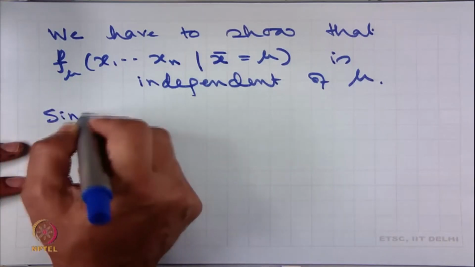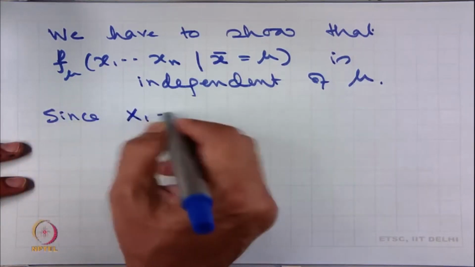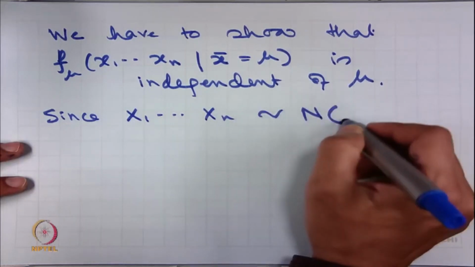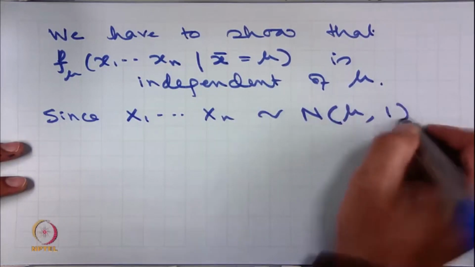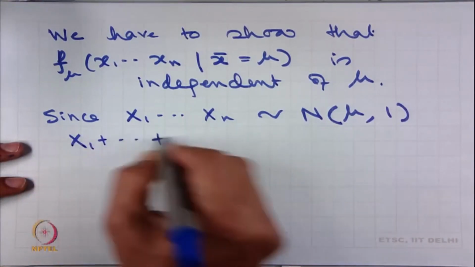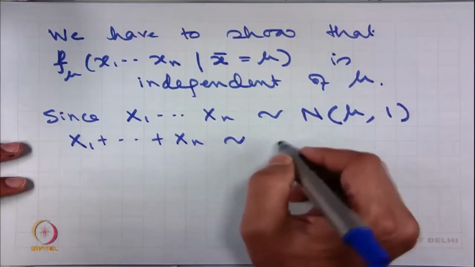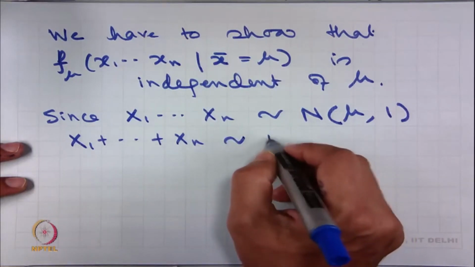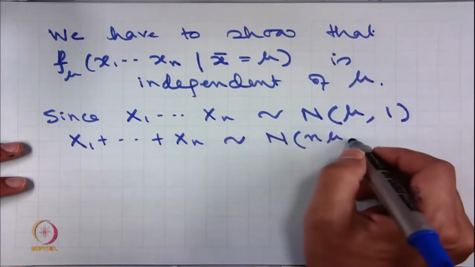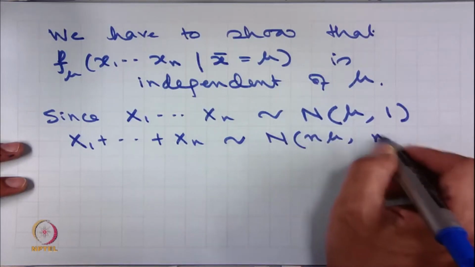Since x1, x2, ..., xn are normal with mean mu and variance 1, x1 plus x2 plus ... plus xn is distributed as normal with mean n mu and variance equal to n.